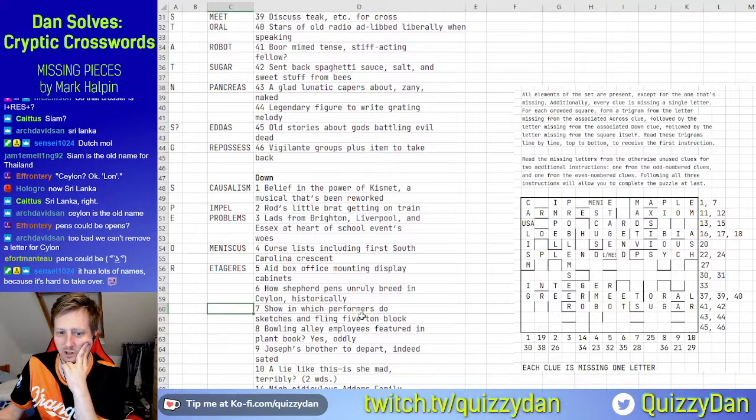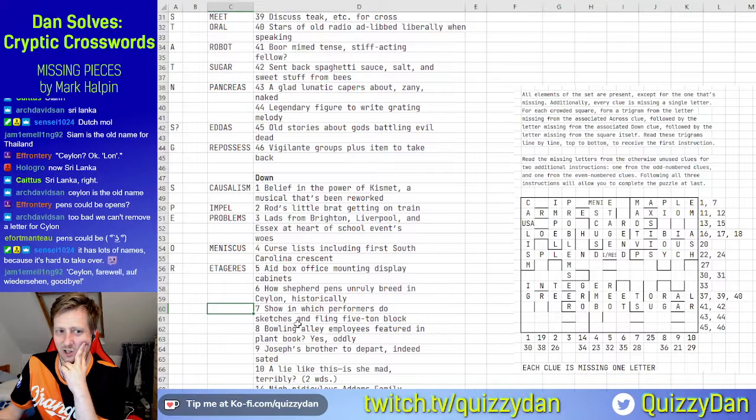Show in which performers do sketches and fling 5-ton block. Well, Mad TV, I assume, is the answer. And that is a show in which performers do sketches and fling. 5 is V, ton is T, and block.